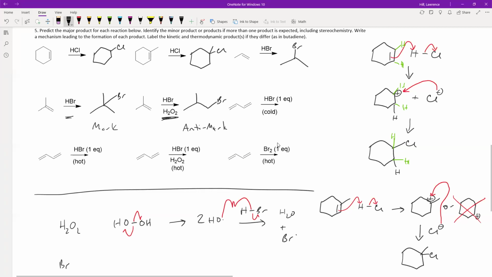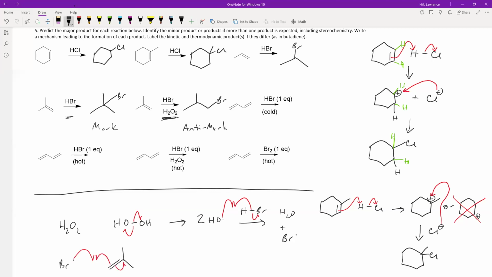This bromine radical can then attack the double bond. So this is addition of a radical to a pi bond. And so we do this and this and this.